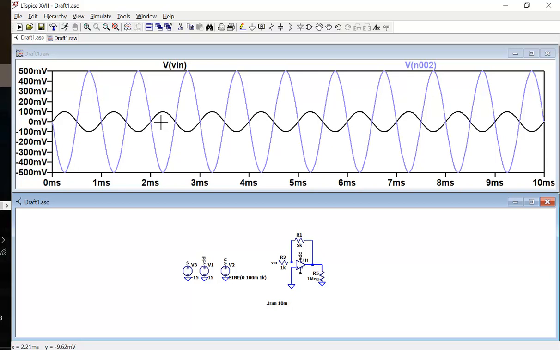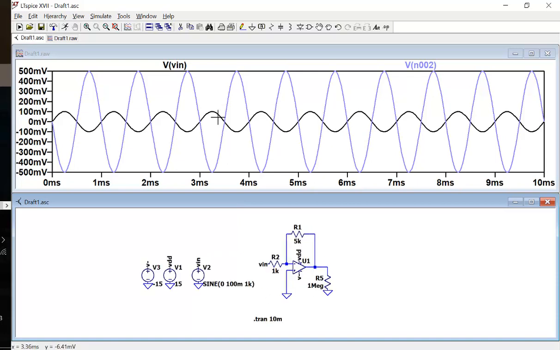Questions? That's what we did on the paper, right? That's what you are expecting. Is there a phase change? For input and output, is there a change to the phase?